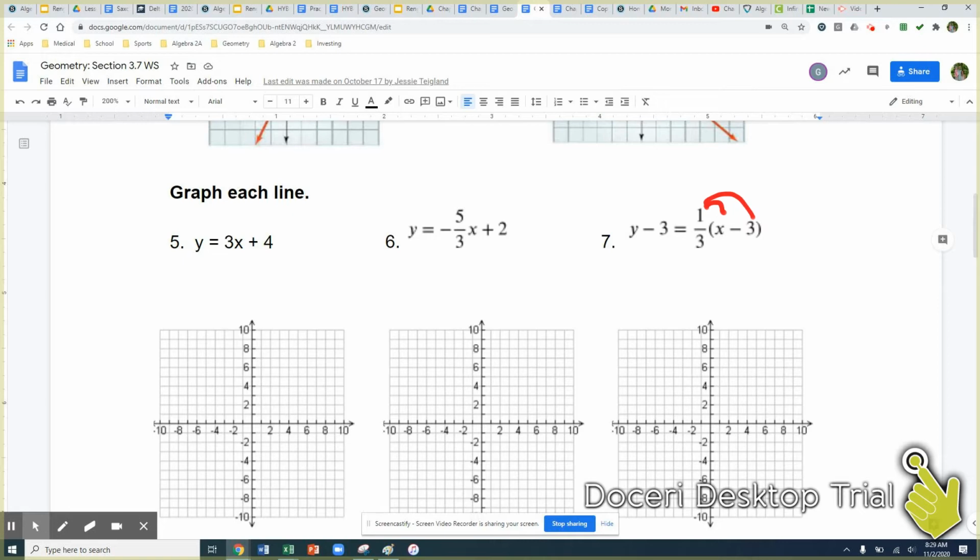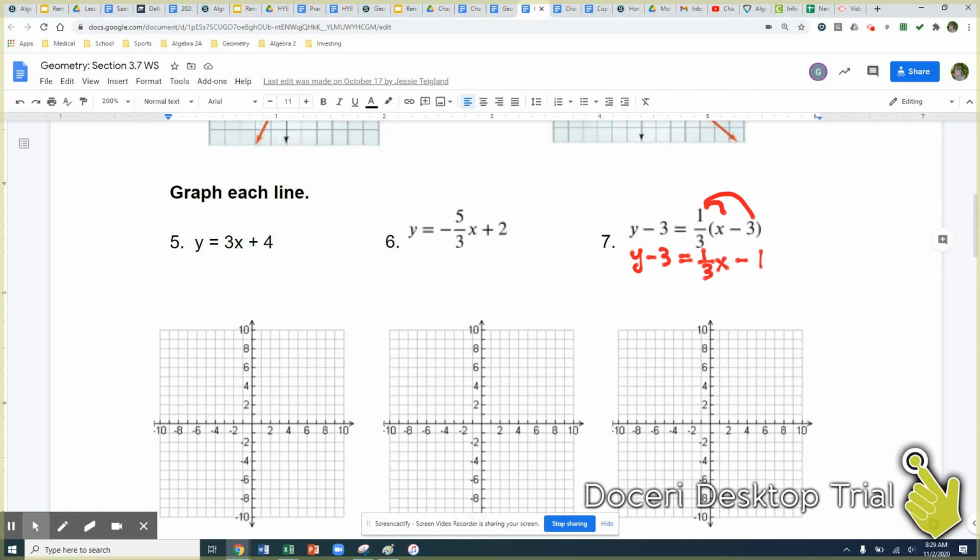What distributive property is used a lot for in algebra is getting rid of those parentheses. All right, so now we've got y minus 3 equals 1/3 x. Now 1/3 times 3 is just going to be 1, so it would be minus 1. Now it's not quite in slope-intercept form. If you're looking at slope-intercept form, the one thing you have to do is you have to get the y solved out.